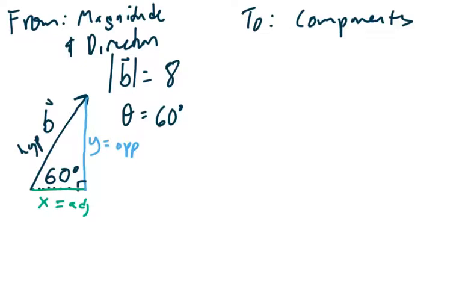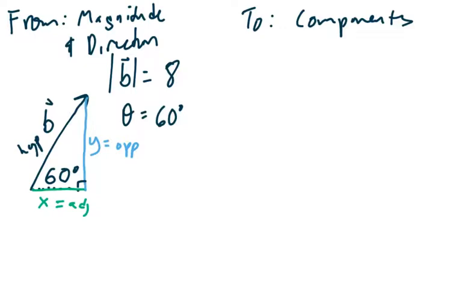So if I want to figure out what the x component is, how do I find the adjacent side? I've got the adjacent and the hypotenuse, so which trig ratio uses adjacent and hypotenuse? Well, it's cosine.